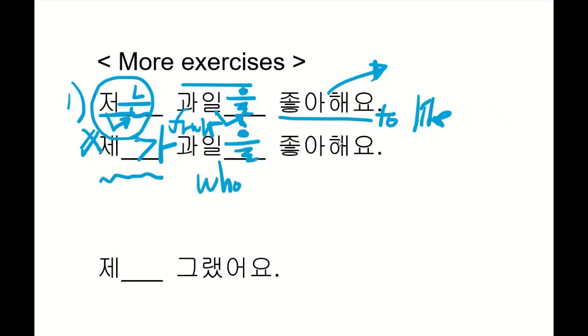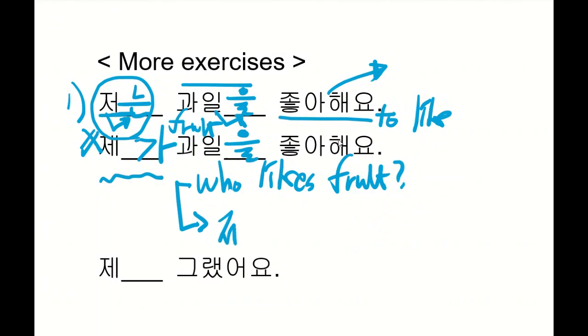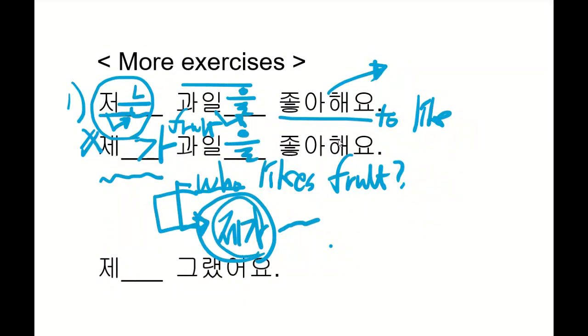Is there anyone who likes fruit? And then I raise my hand and say 제가 과일을 좋아해요. I like fruit. Then we are focused on the subject part, right? Who likes fruit? Then I say 제가 과일을 좋아해요. That's the difference.